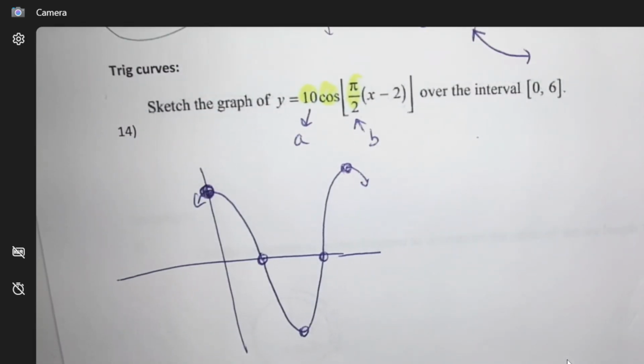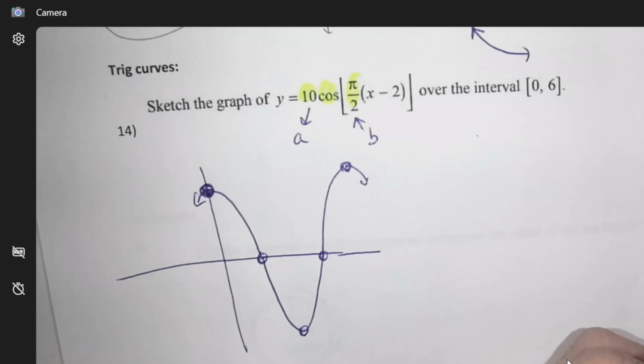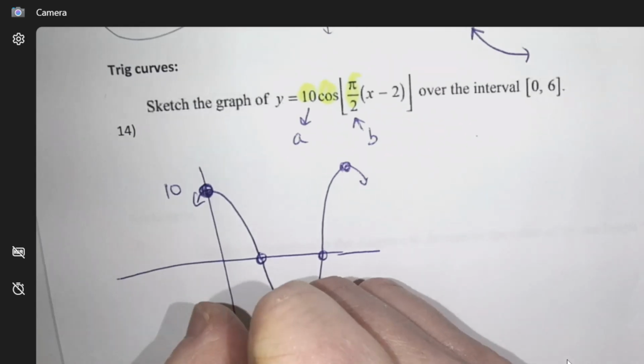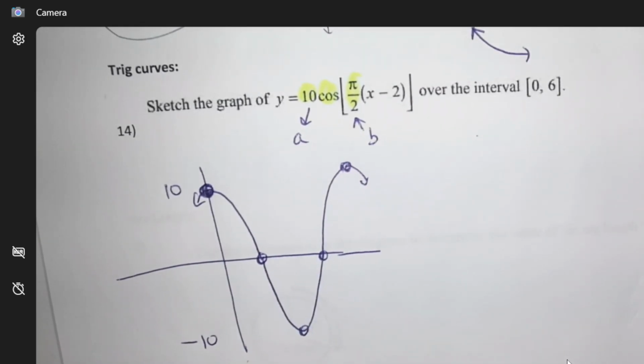Okay, that's a cos curve. It starts on a top. Sine starts where? In the middle, but going upward. Okay, so this is a cos. This is a height of 1 and negative 1 until I stretched it. So now that's 10 and negative 10.